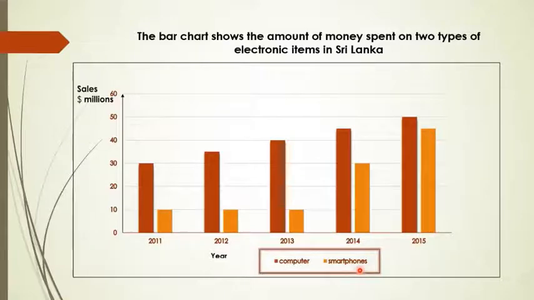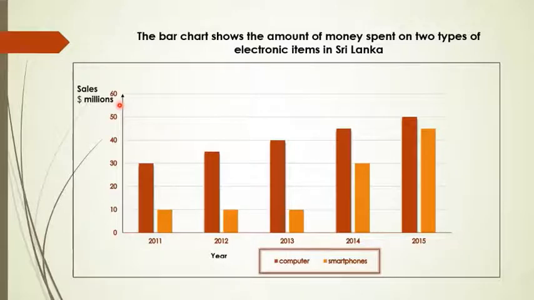And in the vertical axis you find sales in millions: 10 million, 20 million, 30 million, 40 million, 50 million, and 60 million.